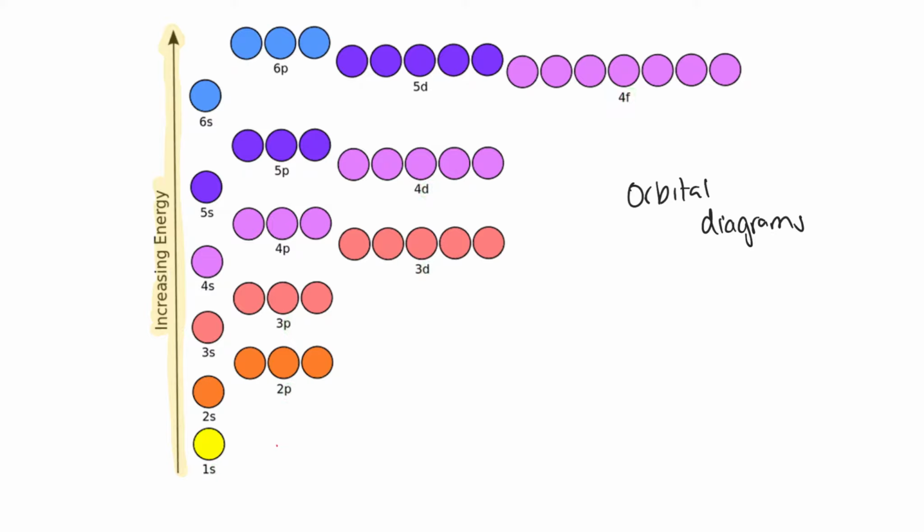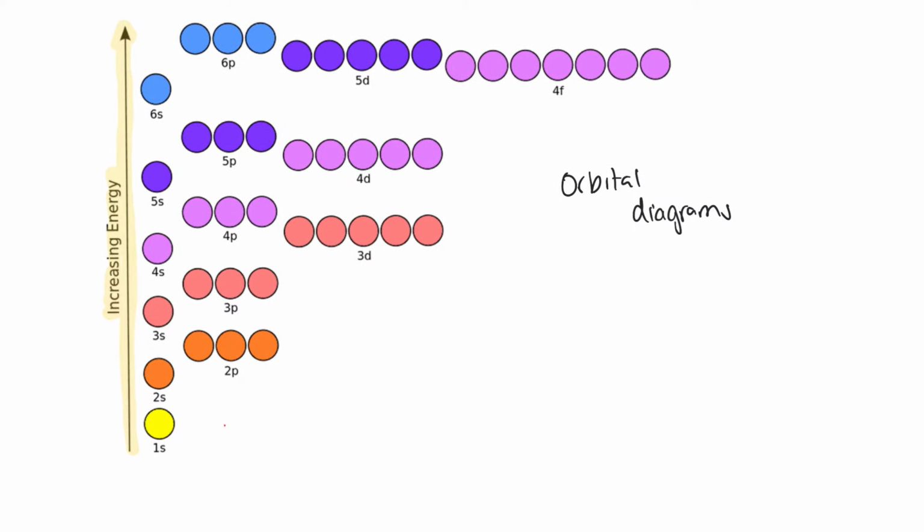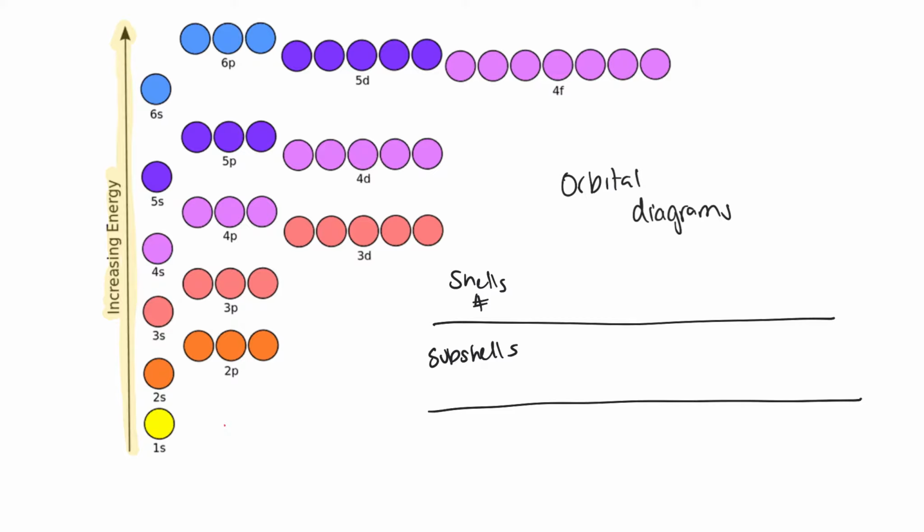Another thing that I want to illustrate, or at least connect with the previous video, is which subshells exist in which shells. We drew out this table where we have our shells, their shell numbers, then the subshells that exist within each shell.